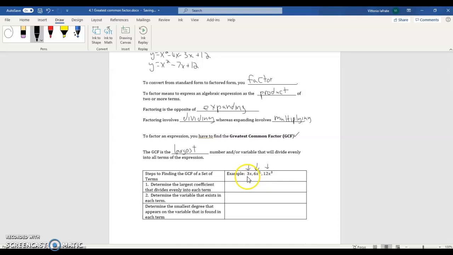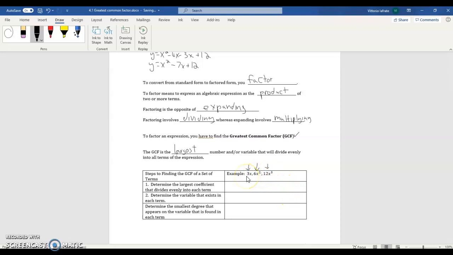So if you look carefully, you don't want to choose something like 2, because that'll give you, for example, 1.5 if you do 3 divided by 2. It works for 6 and 12, but not for 3. You could do 1, but I don't think that's the largest number that will divide evenly into all of these.